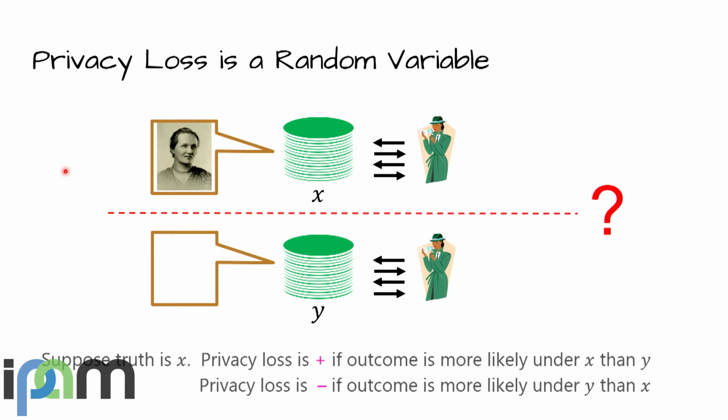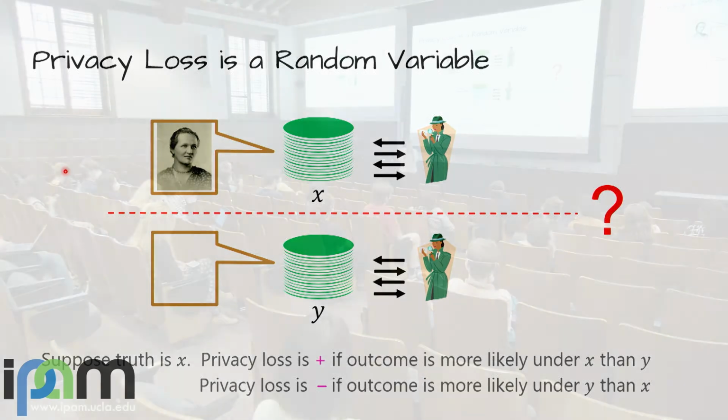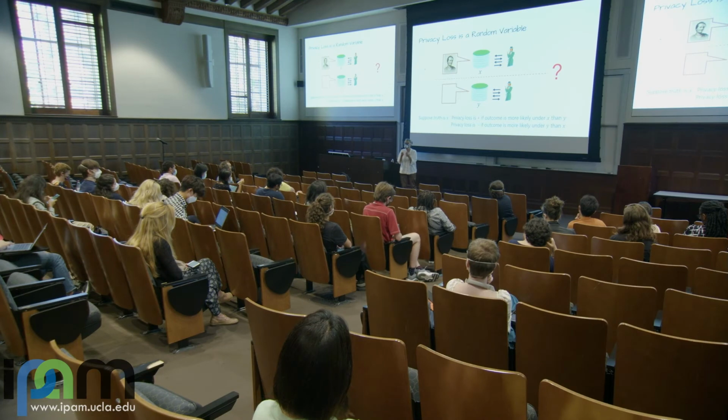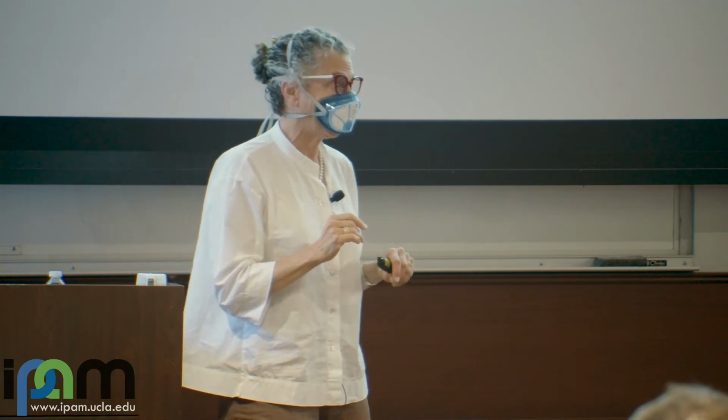And suppose, now remember, the probability of seeing any particular outcome is essentially equally likely whether the database is X or Y. Some outcomes will be a little bit more likely when the data set is X. Some outcomes will be a little bit more likely when the data set is Y. But in a differentially private algorithm, all outcomes that are possible under X will be possible under Y, and vice versa.